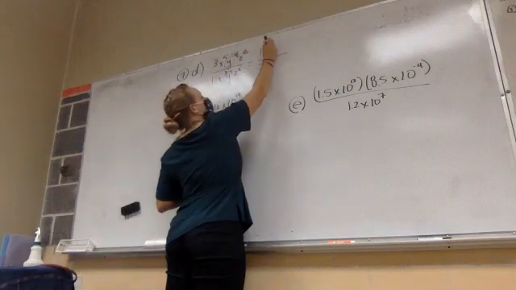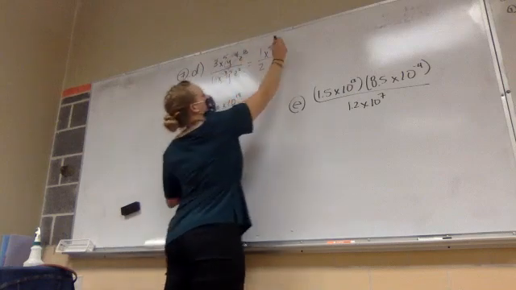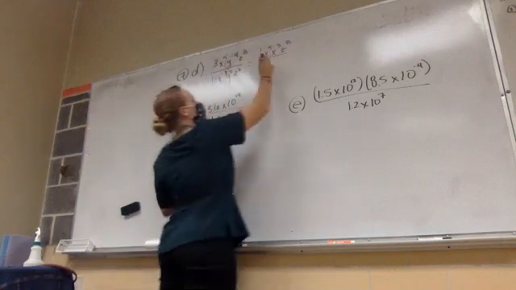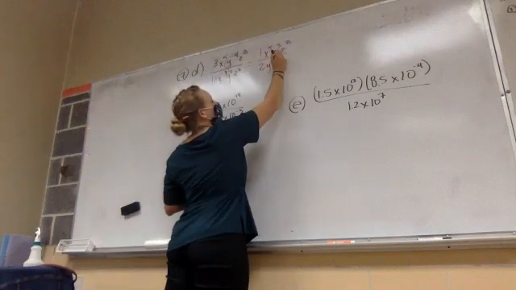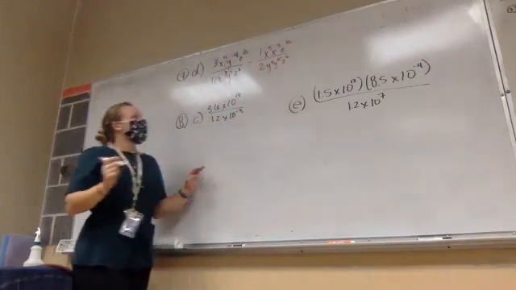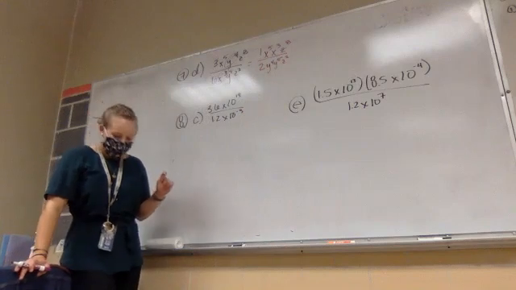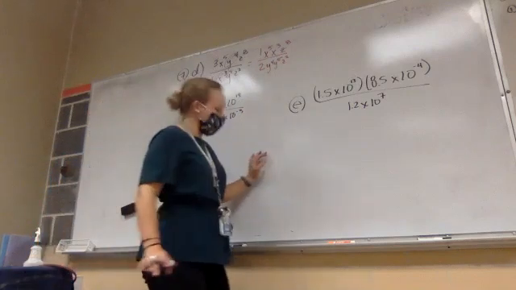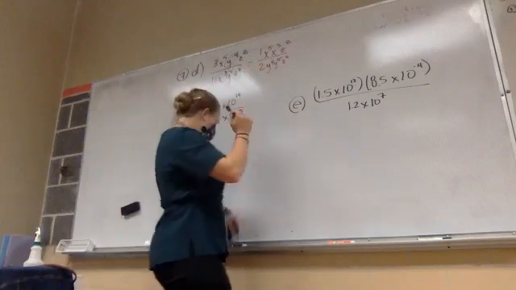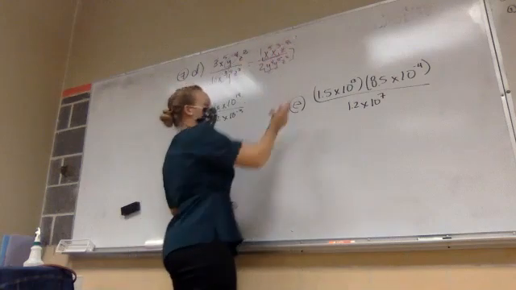So I've got x to the 5th on top, x to the 3rd on top, z to the 8th stays on top. On bottom, I'm going to move that x to the 4th, and then I keep everything else that's there. Or y, excuse me, y to the 4th, y to the 5th, z to the 2nd. All right, now what? Combine like terms. I'm going to combine my x's and my y's, and then my z's are going up and down.